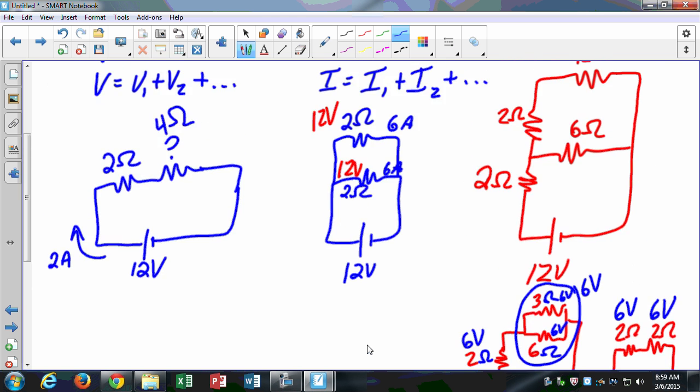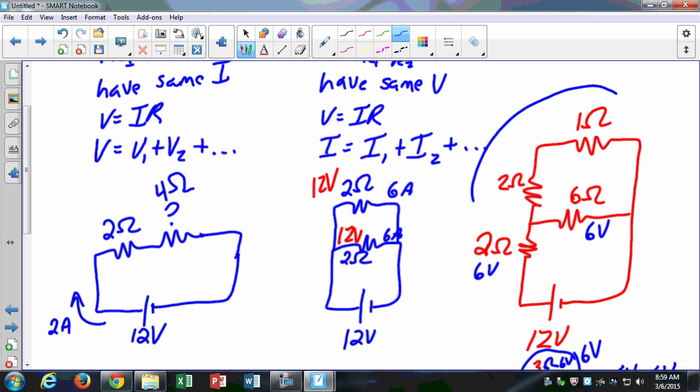And if I sort of draw these up here, I have 6 volts across these 2 resistors, which are in series. If I have 6 volts across these 3 ohms, that gives me a current through each of 2, right? 2 amps. 6 divided by 3 is equal to 2. So I have 2 amps here and 2 amps here. 2 amps through this gives me 4 volts, and 2 amps here gives me 2 volts.